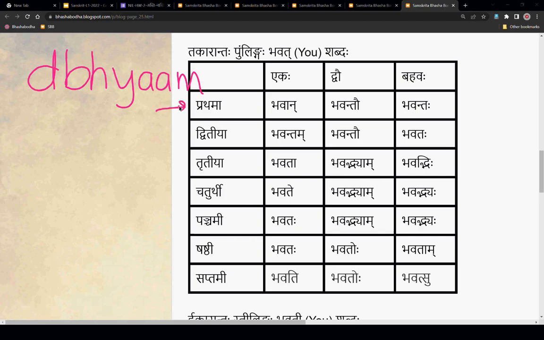So you see that the Prathama Ekavachanam is Bhavan, which we have been using, Bhavan Kaha. In Bahuvachanam, Prathama becomes Bhavantah. Bhavan means you in the Ekavachanam, and if there are many of you, then it will be Bhavantah.